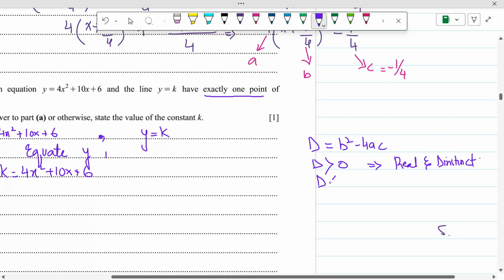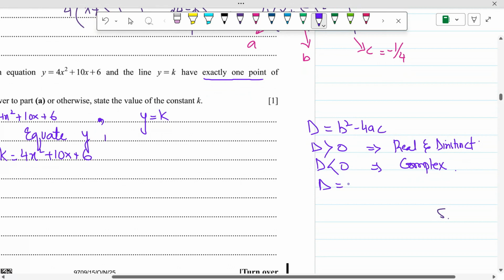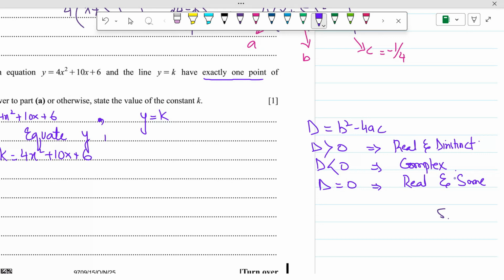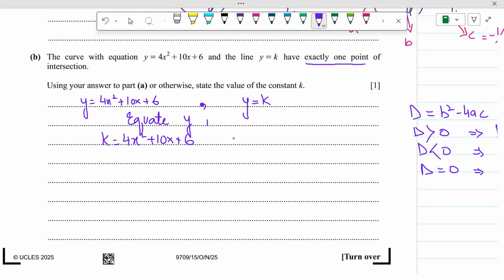If D is less than 0, we will have complex roots. But if D is equal to 0, we will have real and same roots. When we have the same root, it means we have only one root.